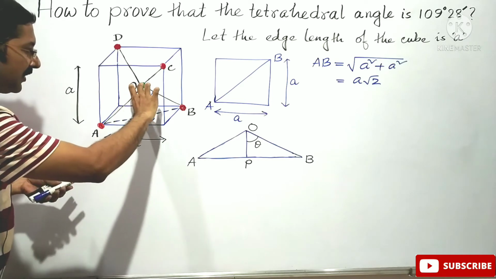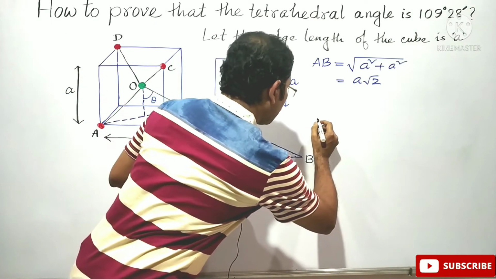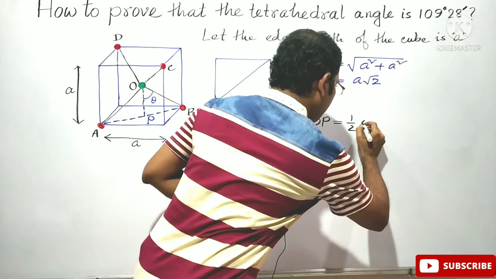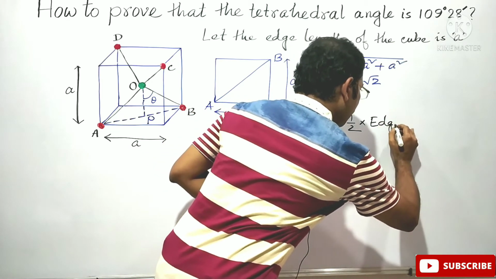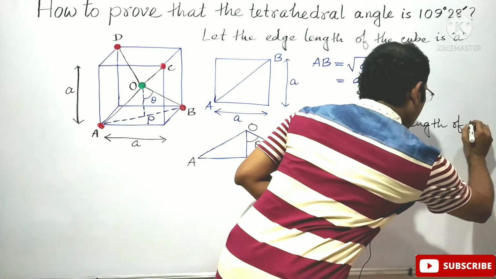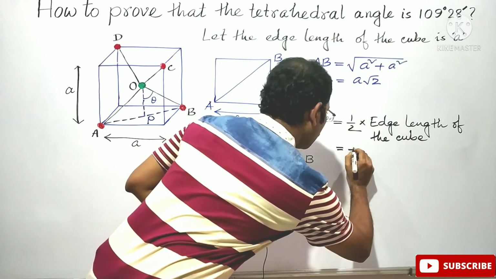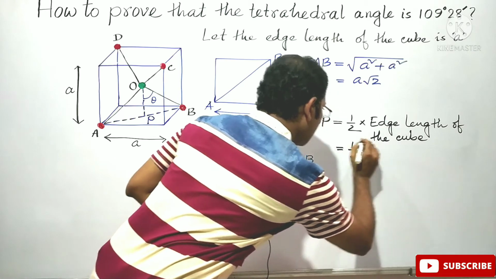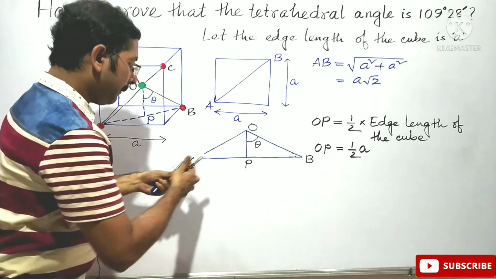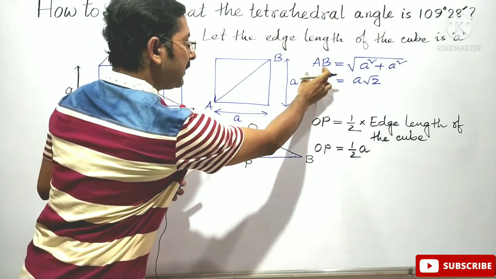So this length OP is half of the edge length A. So OP equal to half into A, and again AP and PB are equal, and from this square face we found AB equal to A root 2.